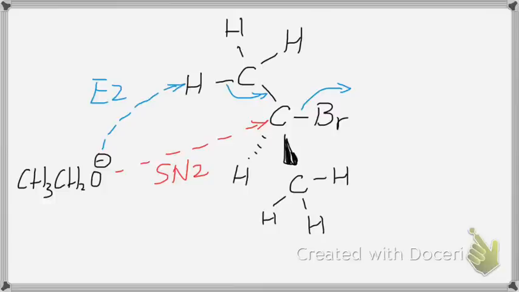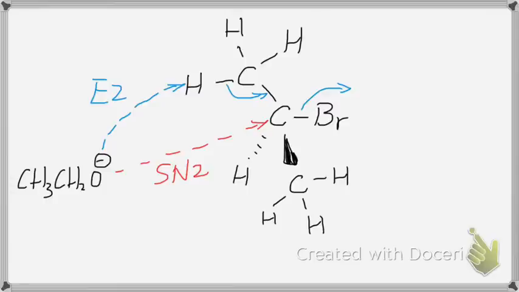Okay? So, as a result, what I can say is the characteristic reaction of an alkyl halide with Lewis bases is elimination. And the substitution occurs only under certain circumstances.